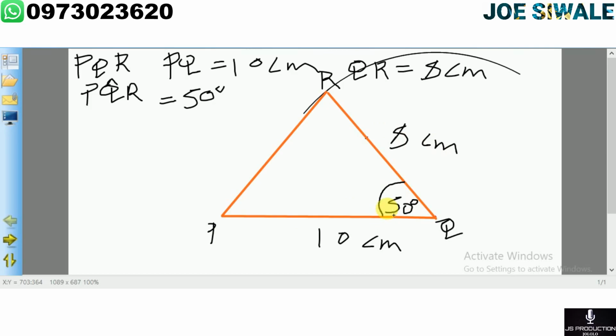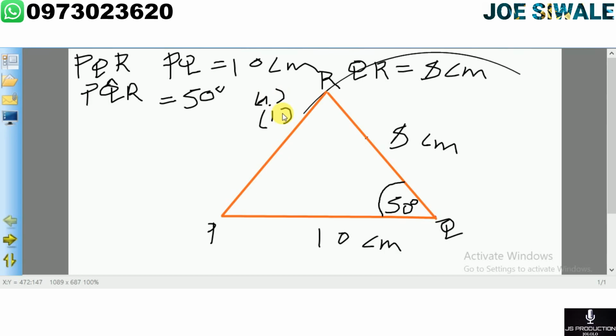So this means that I've answered question 4A, Roman numeral 1: have drawn triangle PQR.